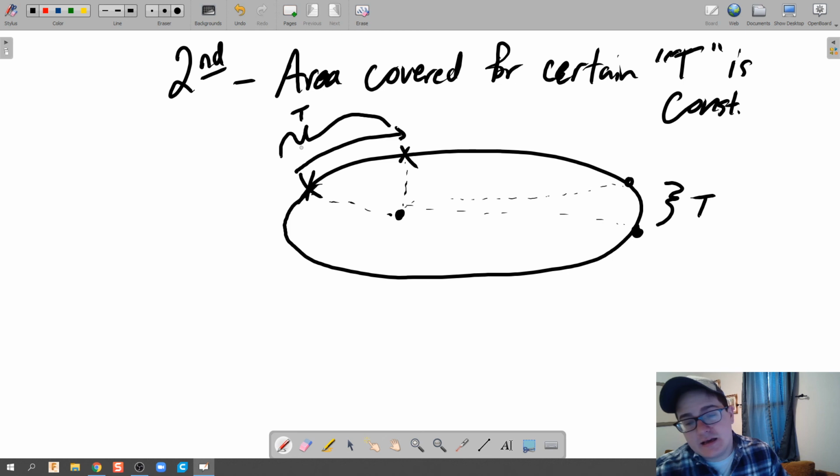If that time period is the same, then the area covered is the same.